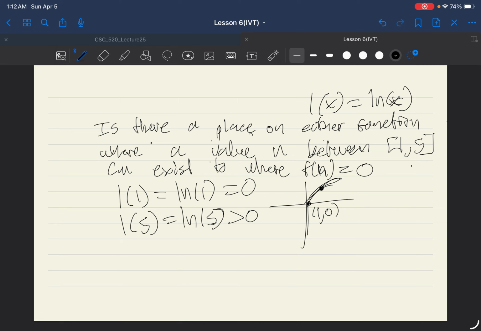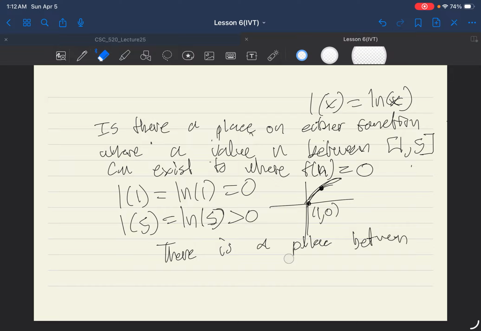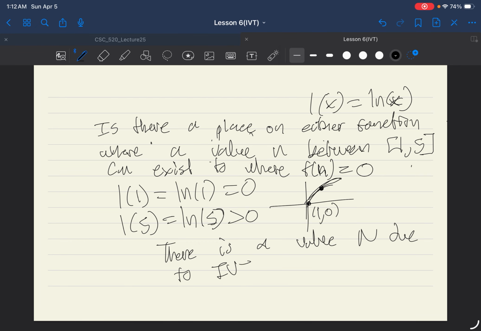And so there is a place between, there is a value n. So there is a value n due to IVT. But you can't just write due to IVT.